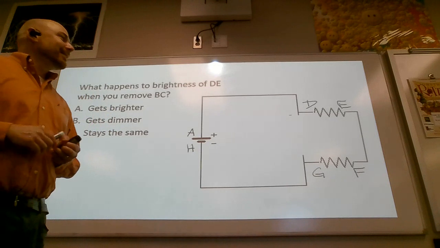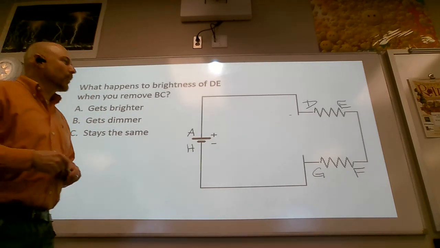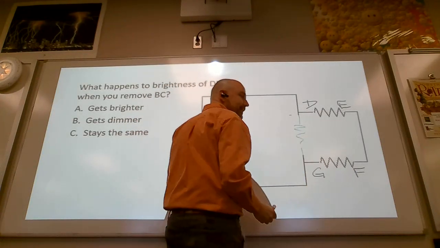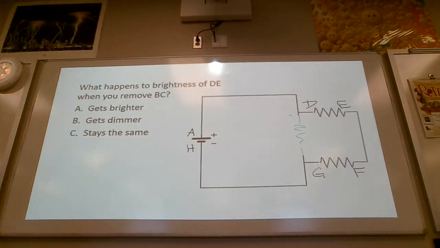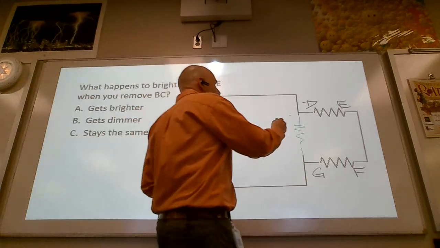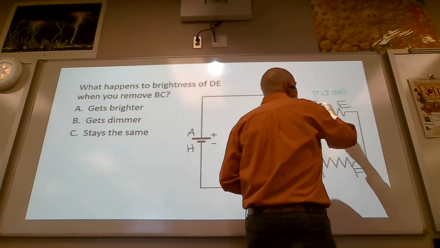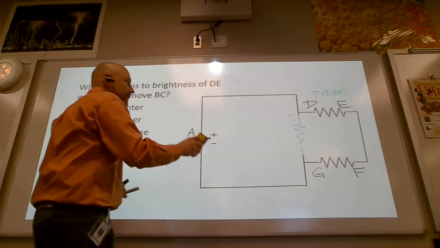DE and GF are wired in parallel with BC. It is independently hooked up. The current nor the voltage will change across DE with that present or not.